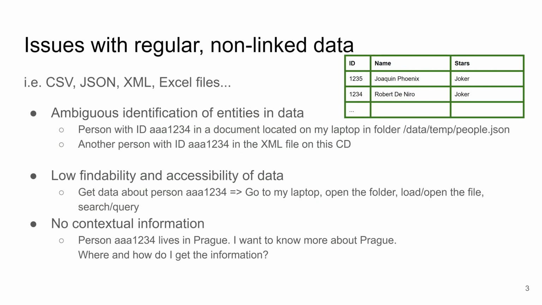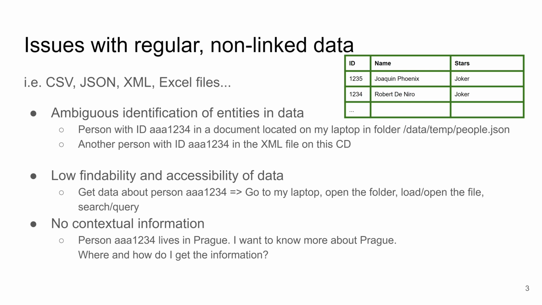Now, if we were to formalize, the issues are ambiguous identification of entities in data, which means the identifiers of the data items are not unique. Then low findability and accessibility of the data, because even if I know the identifier and I know which entity it identifies, I don't know, based on the identifier, where to actually find the data.